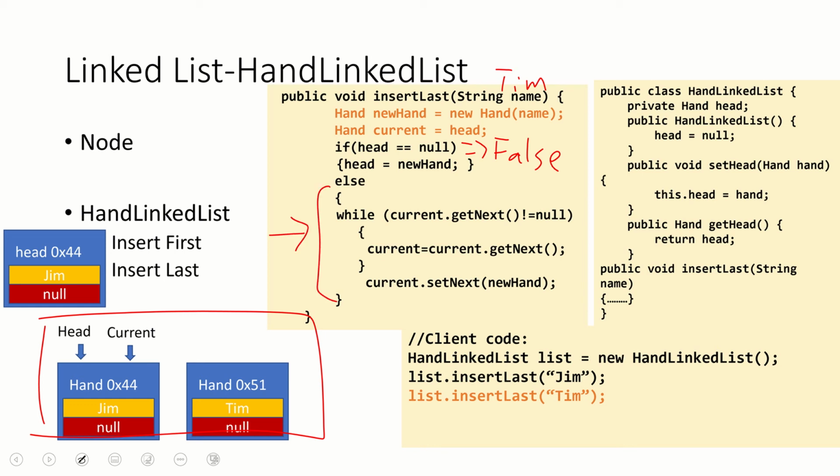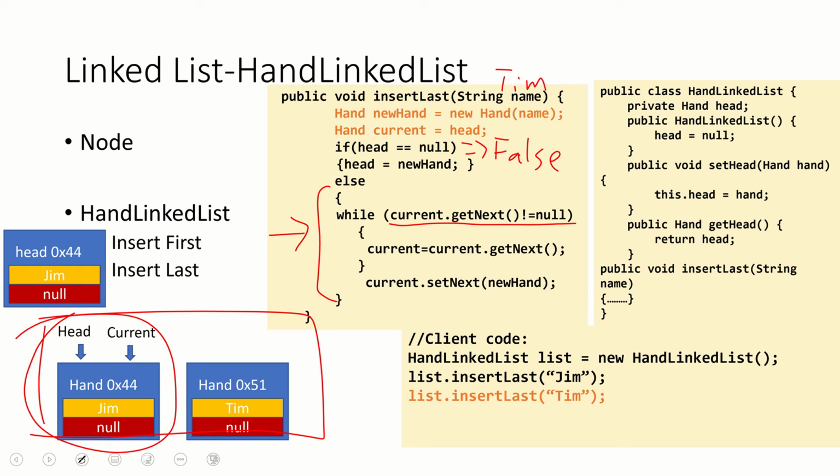In the else statement, the very important part is current dot get next. That tells me what the current one is right now. The current one points to here, James' hand. The hand name is James, right?